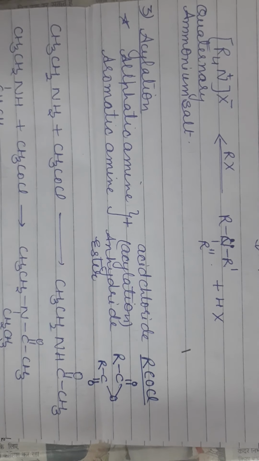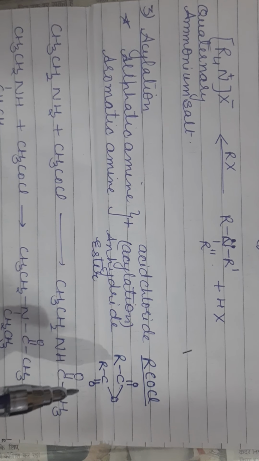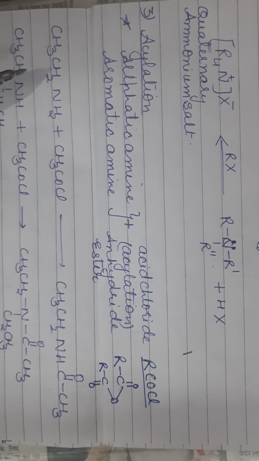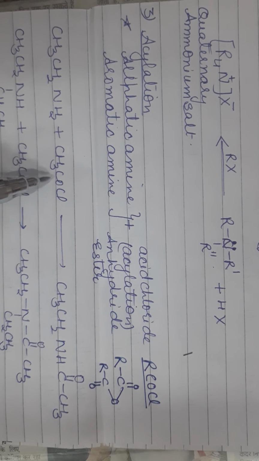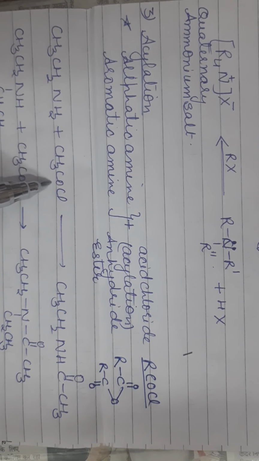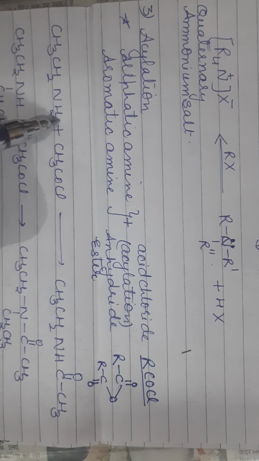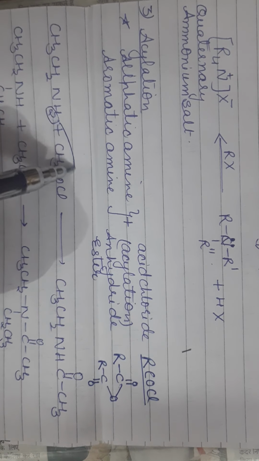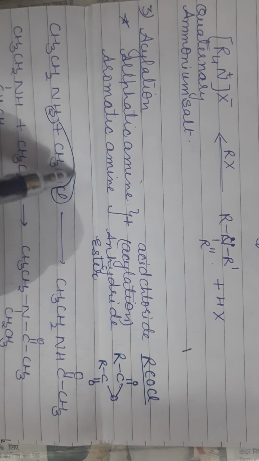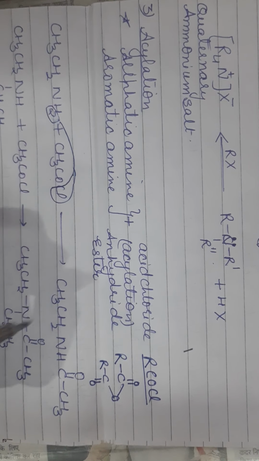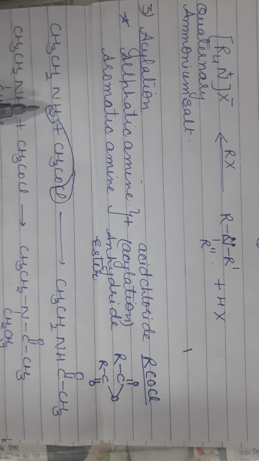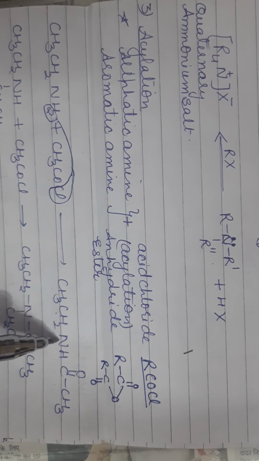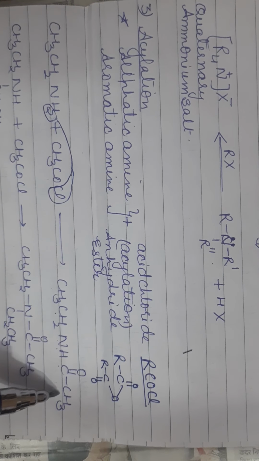This is called acid anhydride. So this is your primary amine on reaction with acetyl chloride. Here HCl gets removed, H from the NH2 and Cl from the acid chloride. We get CH3CH2NHCOCH3.